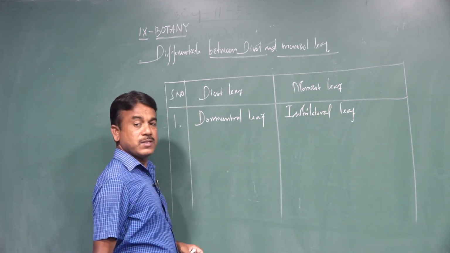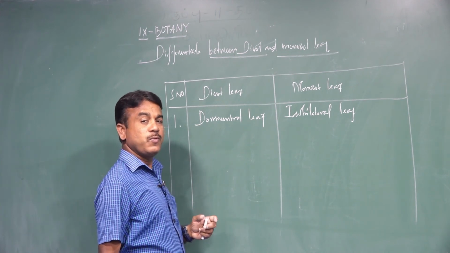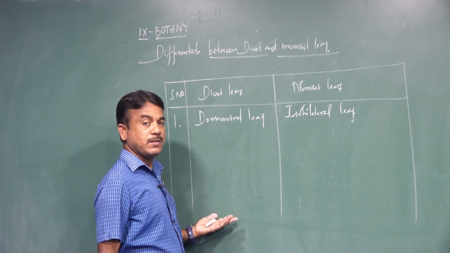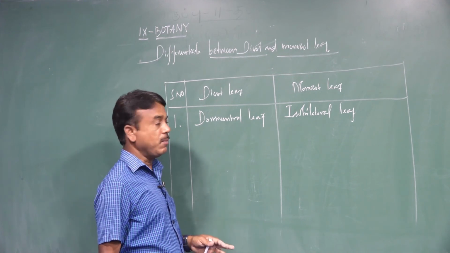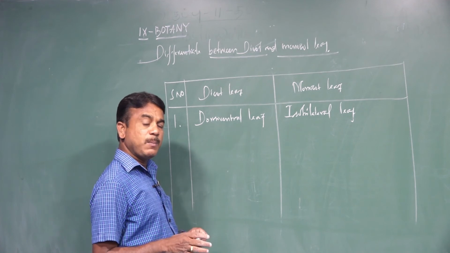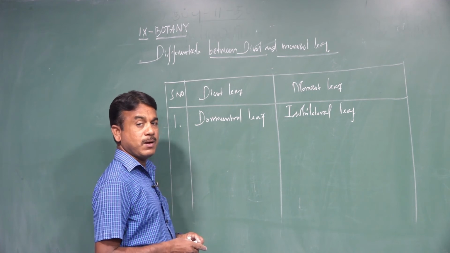What are dorsiventral leaves? The mesophyll shows differentiated parenchyma cells, that means upper palisade parenchyma and lower spongy parenchyma. What are isobilateral leaves? The mesophyll is made up of only one type of cell, either palisade parenchyma or spongy parenchyma.